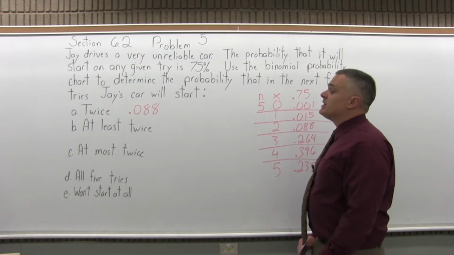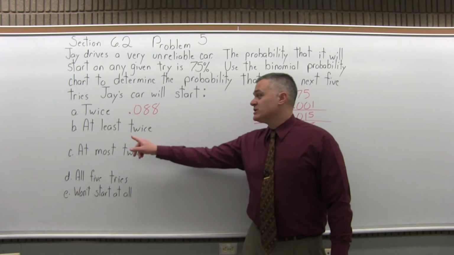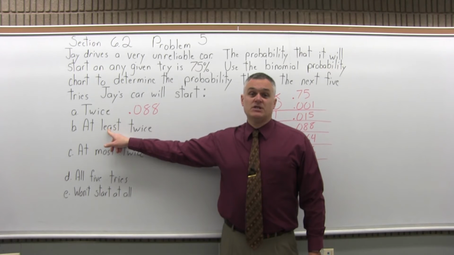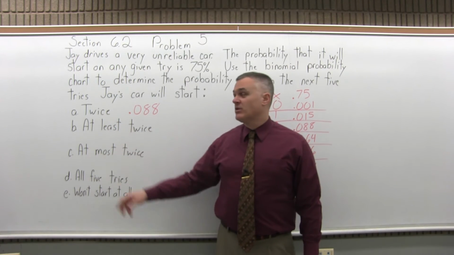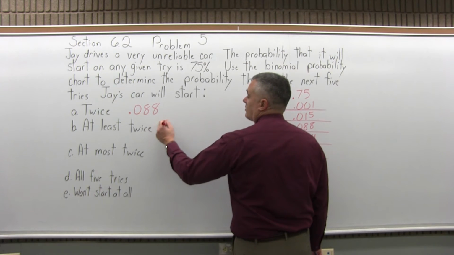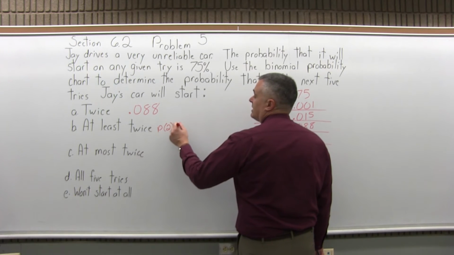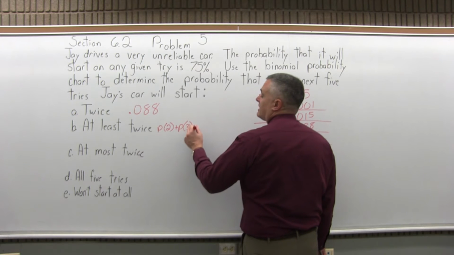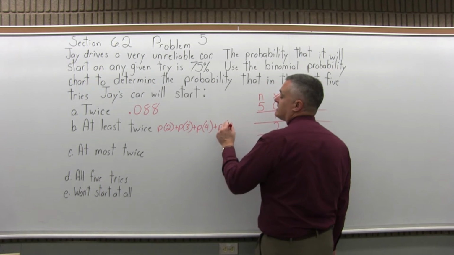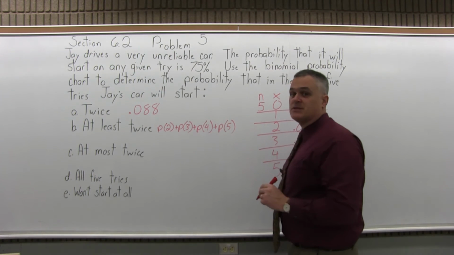So what's the probability that it will start at least twice? Adding the phrase at least changes the question quite a bit. At least twice means twice is the least number of times it would start. So if we're going to try 5 times, it would be the probability of 2 starts, plus the probability of 3 starts, plus the probability of 4 starts, plus the probability that it starts all 5 times.